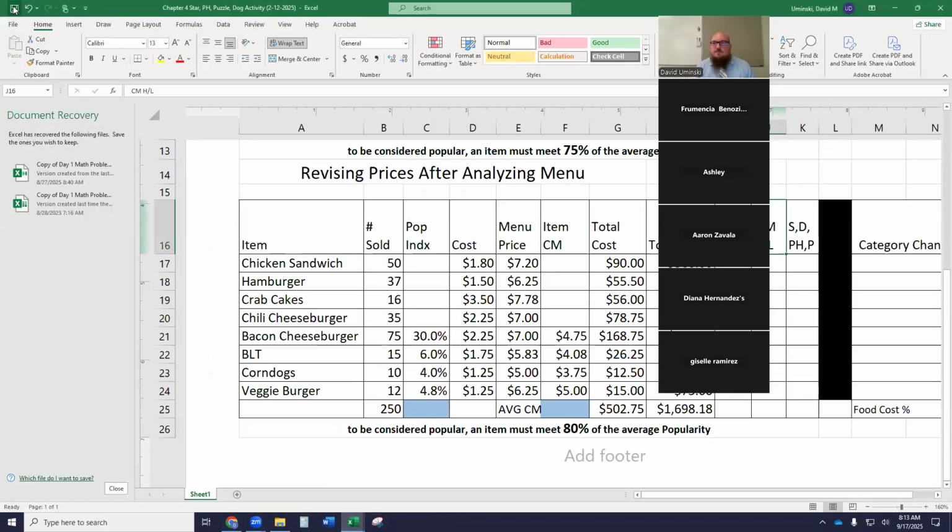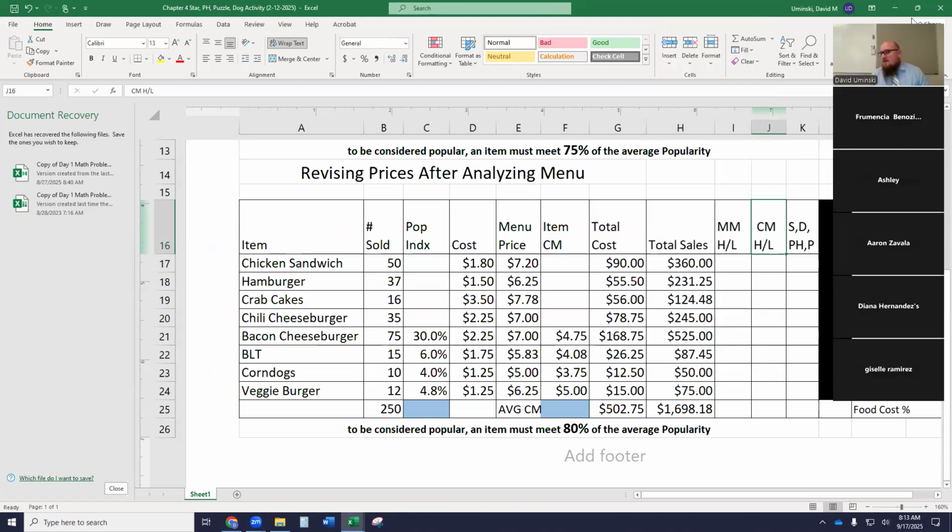All right, so on Monday, we introduced the square that will help us identify which category our menu items belong in based on their popularity and also based on their profitability or the contribution margin.